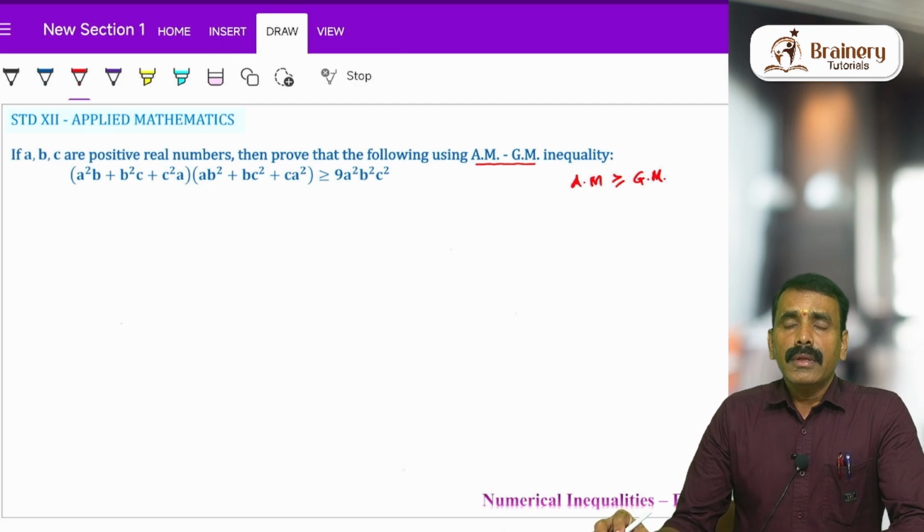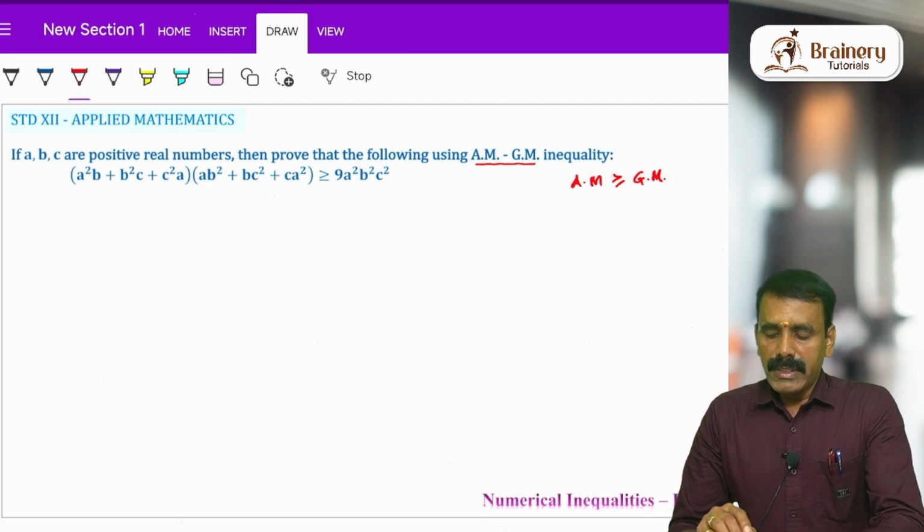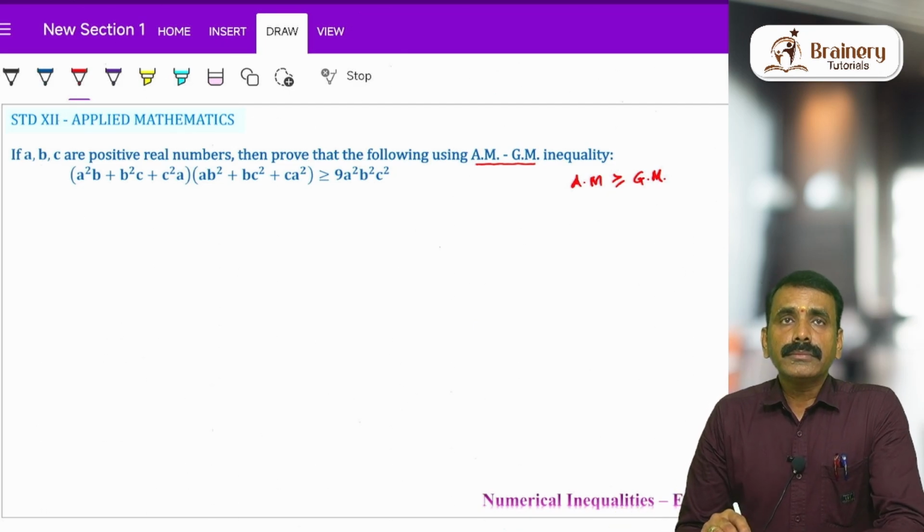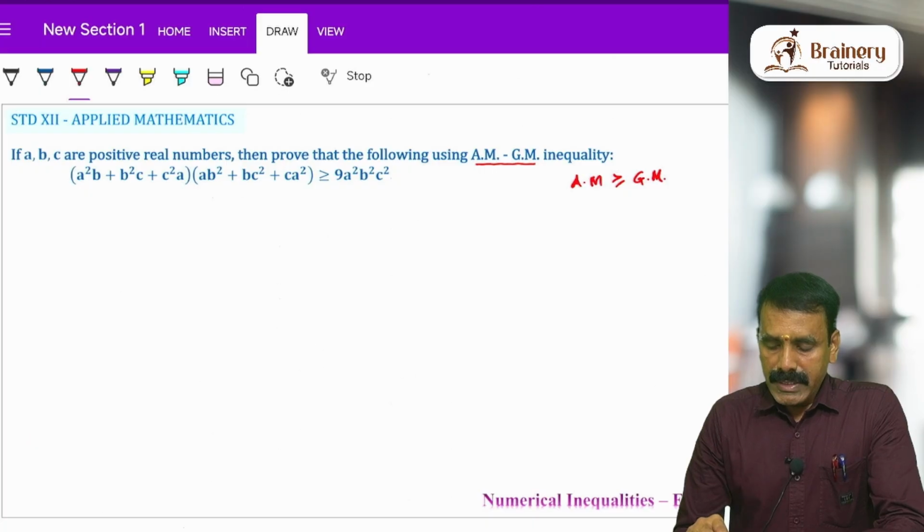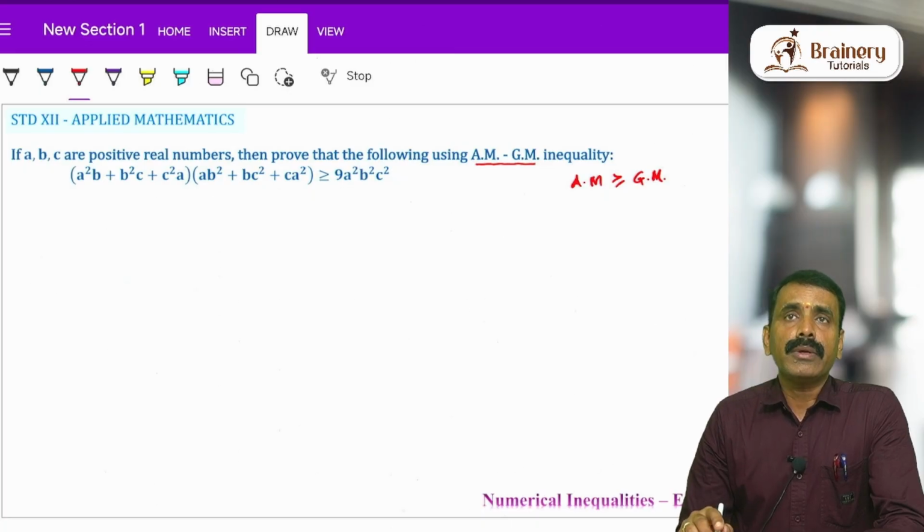Now we are going to prove this inequality: A square B plus B square C plus C square A multiplied with AB square plus BC square plus CA square greater than or equal to 9 A square B square C square.